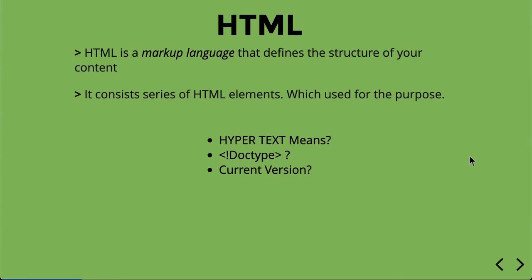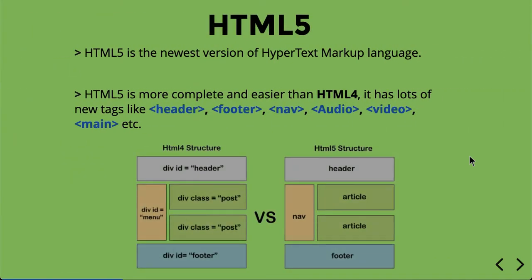Currently we are using HTML5, which has a number of new tags, and we can use it to make our website responsive and more performant in an efficient way. So yeah, let's discuss HTML5. What is HTML5?